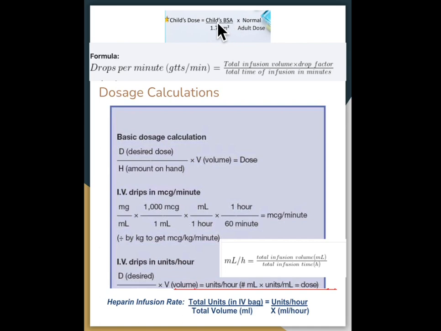Then you might say, I don't exactly know how to get to the correct answer. So memorize 1.73. It's a conversion factor that will help you get to a proper child's dose when you are given the normal adult dose, and the child's body surface area, which tends to be given in meters squared. All right, canceling out those meters squared and giving you the milligrams based on that unit.